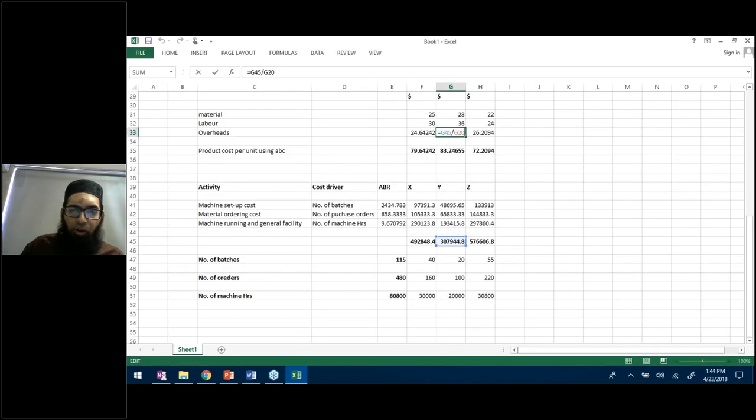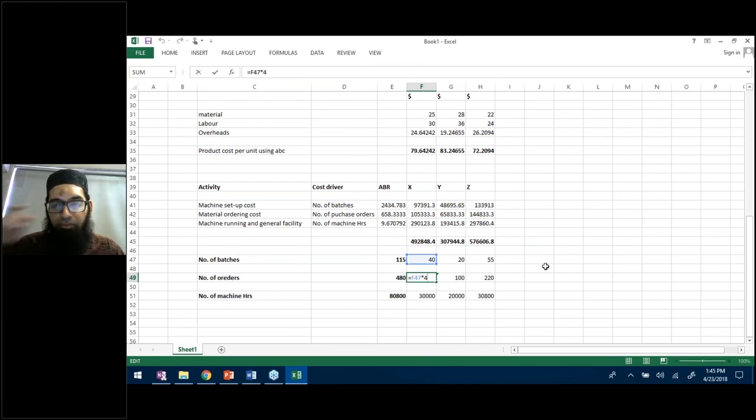So the total number of orders will be based on the number of batches. So I have multiplied the number of batches with the orders per batch to get the total number of orders. Right? So any question on that?